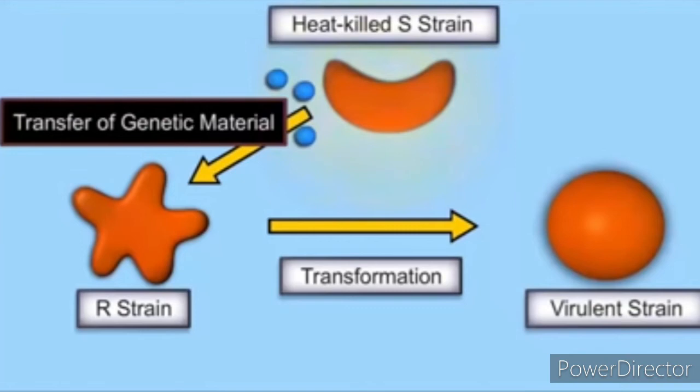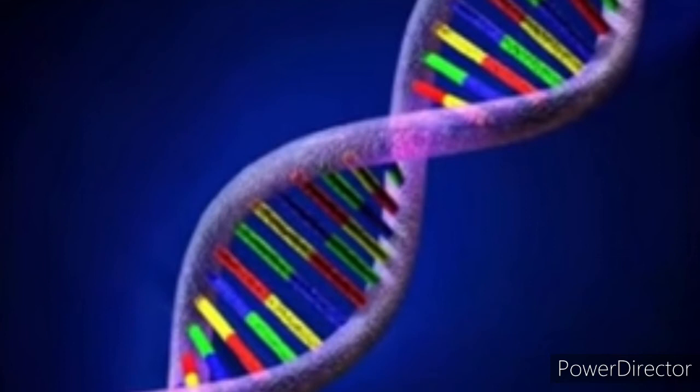Here, the dead cell is the S strain and the living recipient cell is the R strain. They are receiving, and because of that reason, mice died. But which is the genetic material? It may be DNA or RNA or it is a protein. But Frederick Griffith was unable to prove which is the genetic material or which biochemical is present in the transformation.